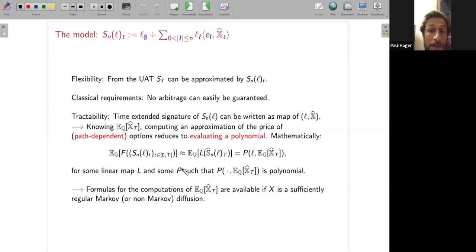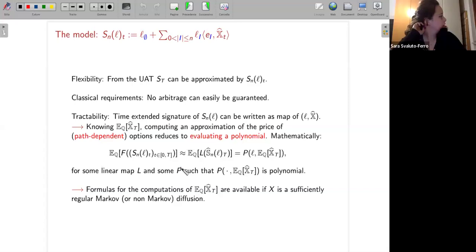If you approximate it as a function of L and the signature of X, then the compact set is fixed. So it doesn't depend on L. That's what I want to say. Right.